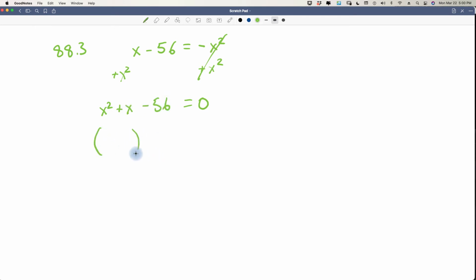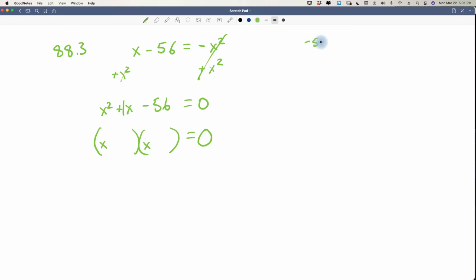Now we factor. Okay. X times x gives us x squared. What are the factors of 56 that would give us a positive? We know that's a 1, so it's a positive 1x. Our factors of 56 are going to be 8 and 7.